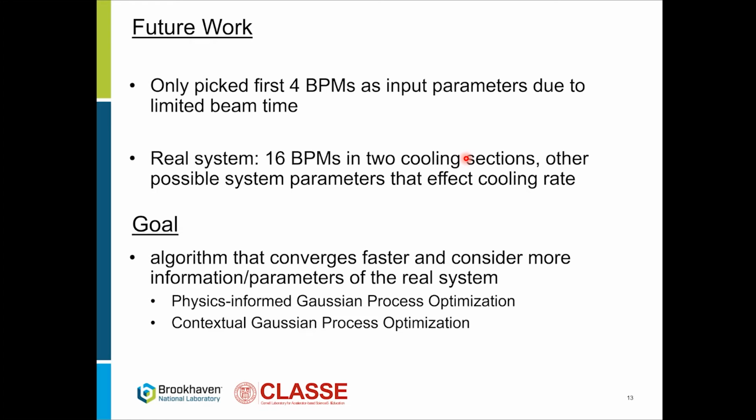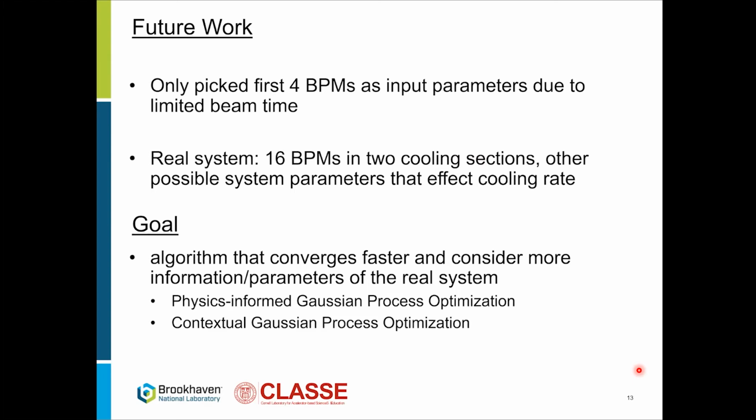Here I'm going to introduce some future work that might improve similar problems that we'll encounter in other accelerator facilities, not just RHIC. The motivation is that, as we have shown before, we only picked the first 4 BPMs as our input parameters due to the limited beam time we had.